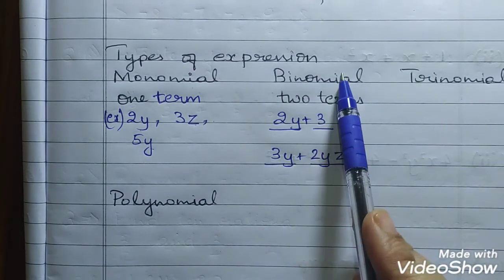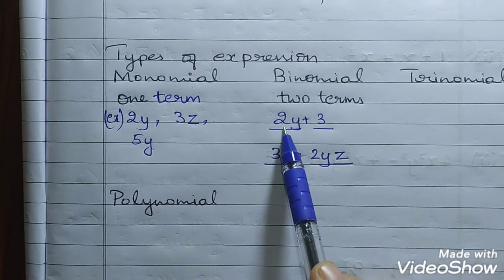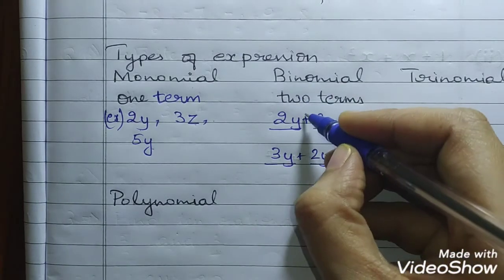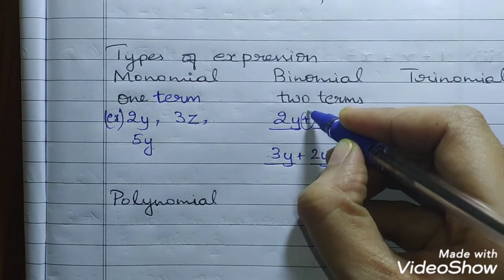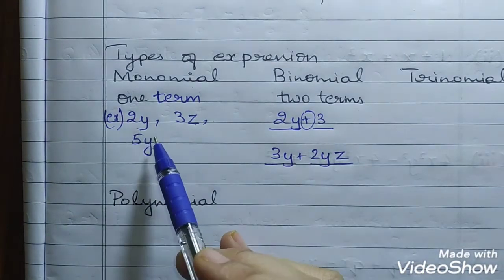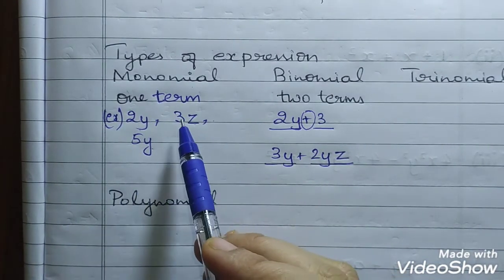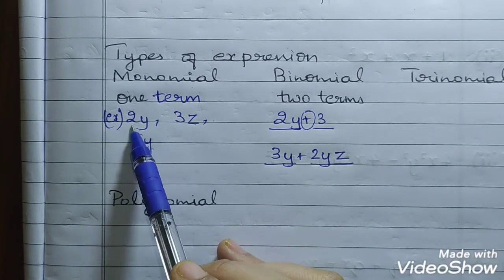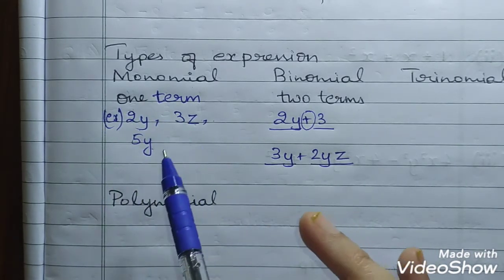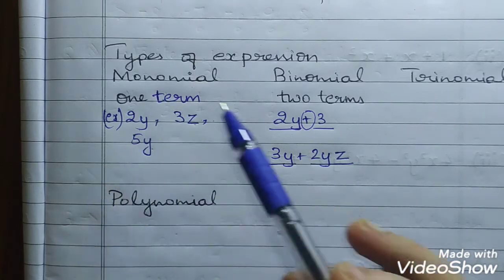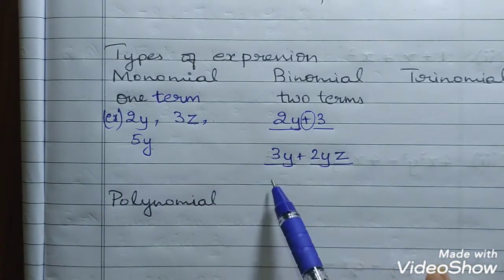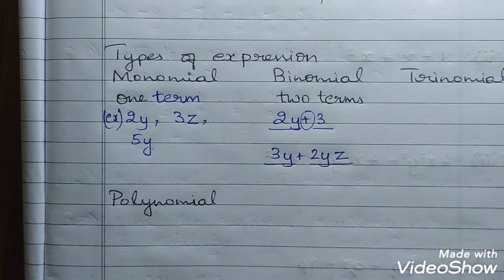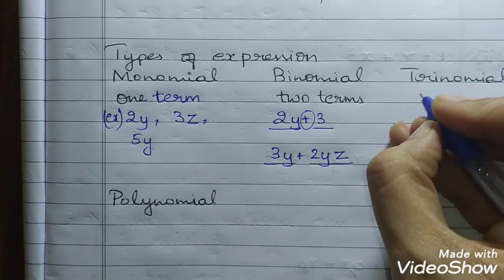So binomial has 2 terms. I already told you terms are separated by plus or minus. So monomial has only one term, that is 2y, 3z, 5z are examples of monomial. Binomial, 2 terms will be there, and trinomial will have 3 terms.